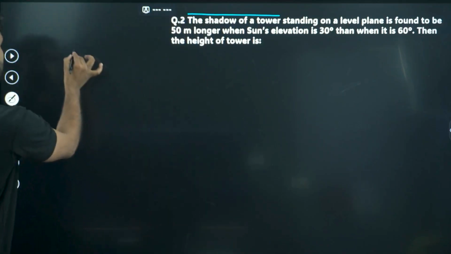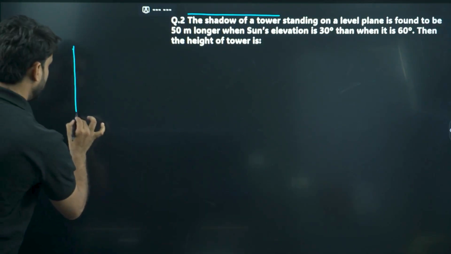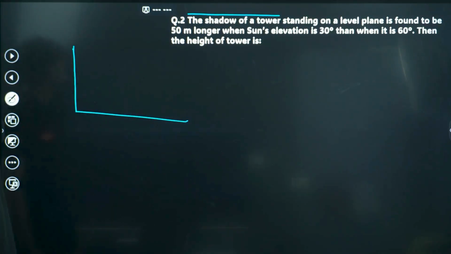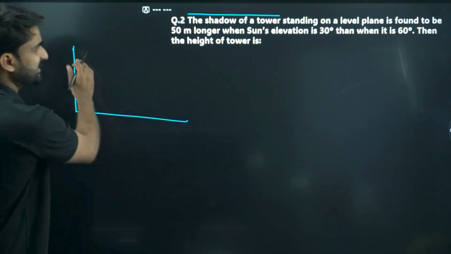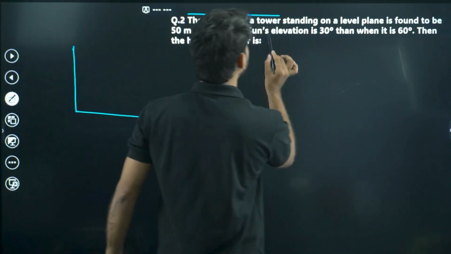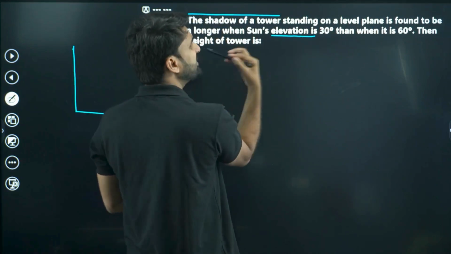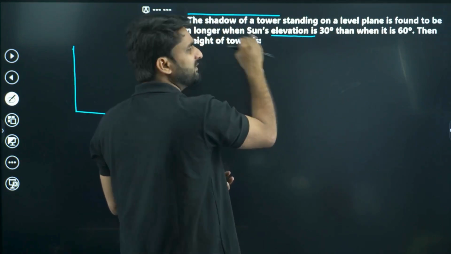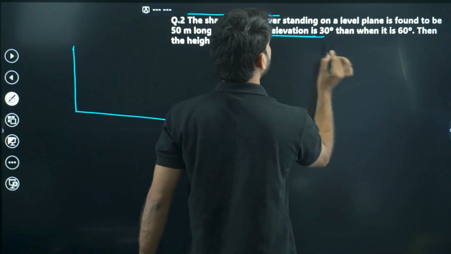So I'm drawing here the tower, and the shadow will be on the ground. This is the tower. Now the question is saying two angles of elevation are there. Just draw the diagram, and whatever other information is given here, we will execute all those things. Just focus on the angle of elevation here.